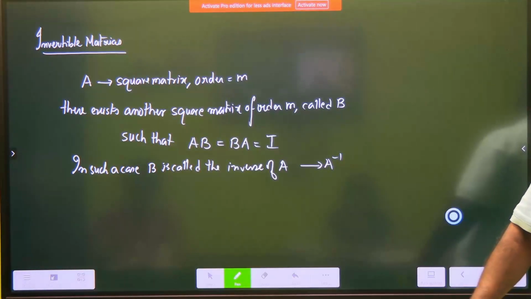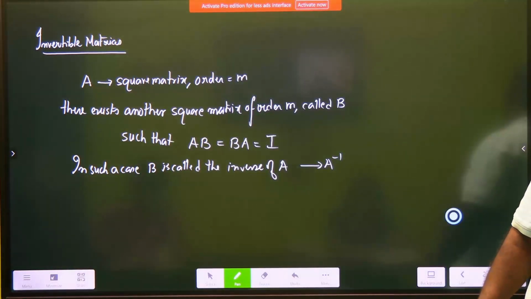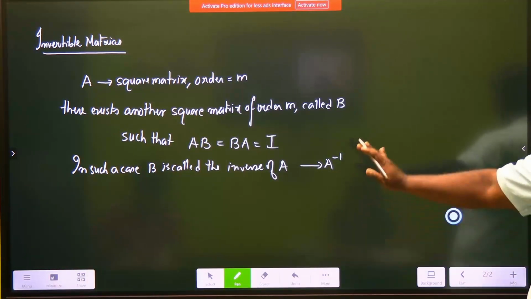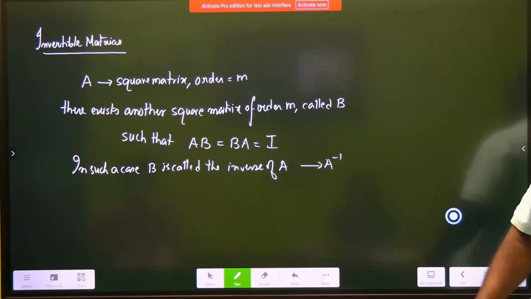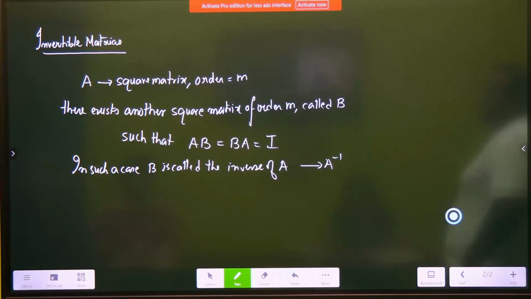So a matrix multiplied by its inverse will always result in the identity matrix, same order. If you have a square matrix A of order m, then there will always exist another square matrix of order m, which is B, such that AB will be equal to BA, which will be equal to the identity matrix.